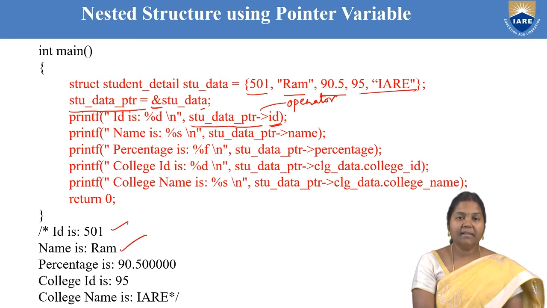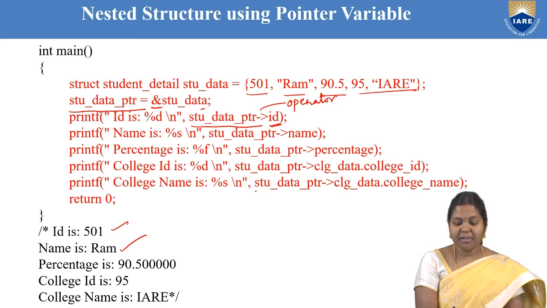Whenever a member is there in a nested structure, then use the arrow operator and the dot operator, because for the inner structure the variable is a simple structure variable, but for the outer structure you are using a pointer variable.